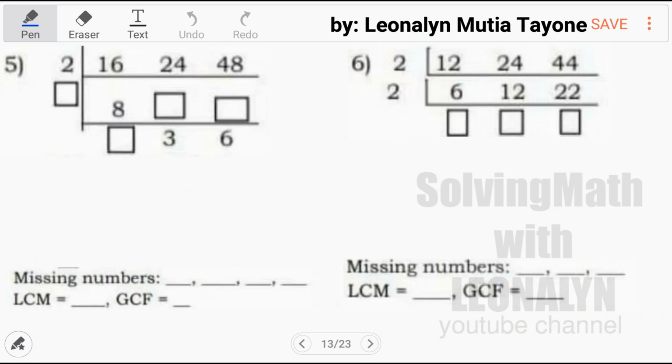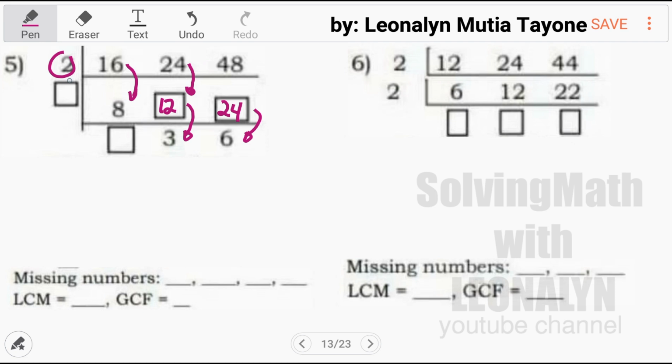Next, number 5. Let's find first the missing numbers. Ito yung pang-divide. 16 divided by 2, 8. So, 24 divided by 2, and this is 12. 48 divided by 2, and this is 24. Now, si 12, paano naging 3? Paano naging 6?